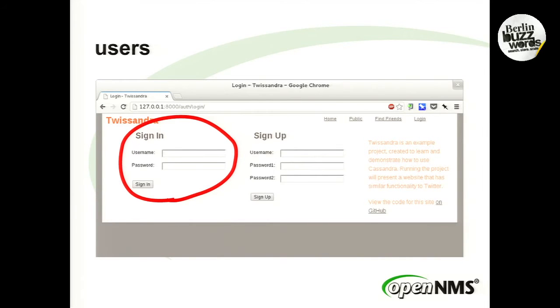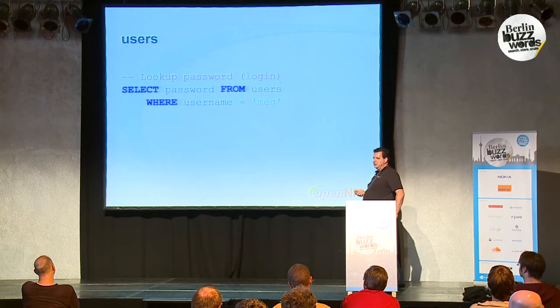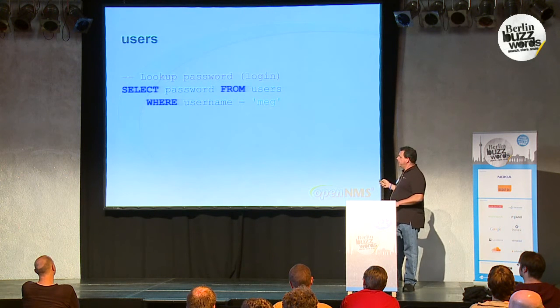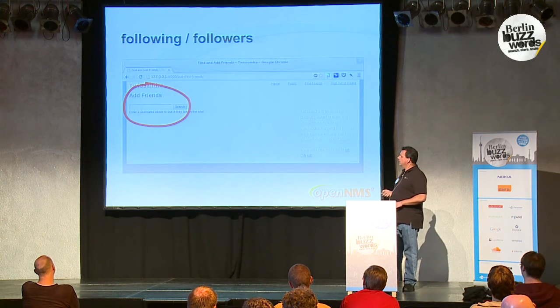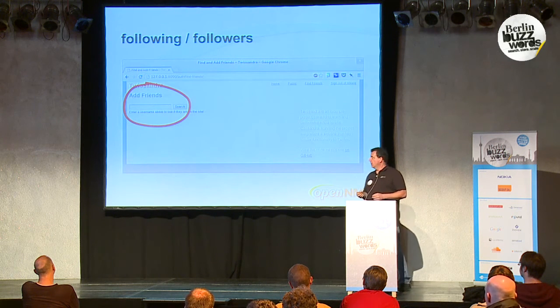So now you've got a user. To sign that user in, like I said, all we need to do is select the password from the users table where the username equals Meg, and then we can verify that the password she gave is correct and log her in. So now Meg has an account and she's logged in.